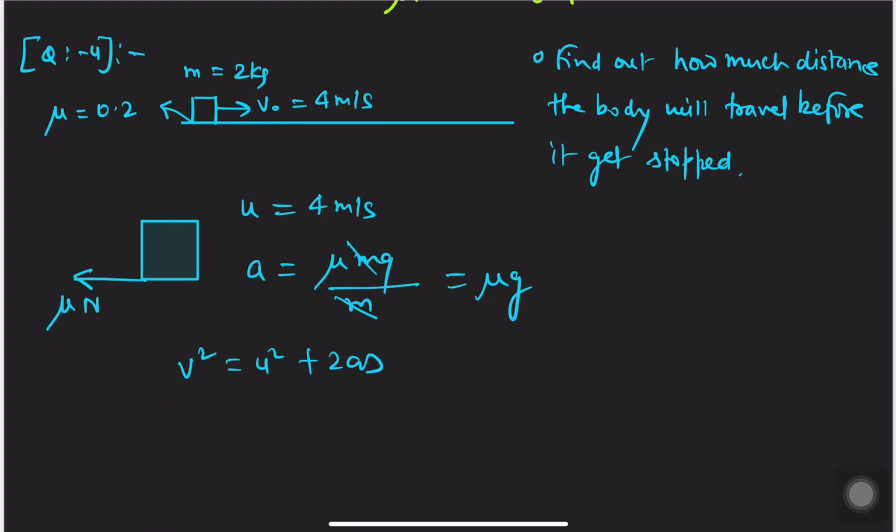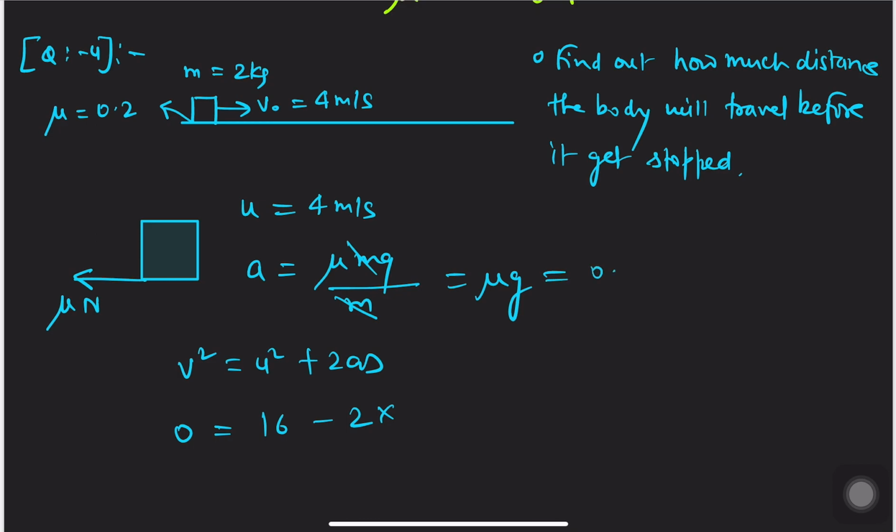The final velocity will be 0, initial is given as 4, so 4 squared is 16.